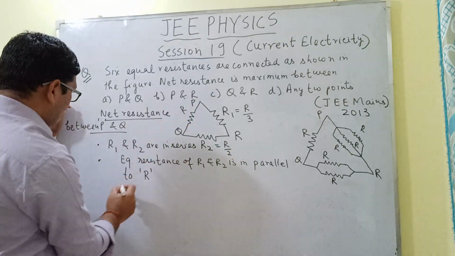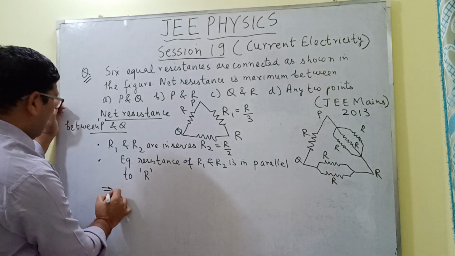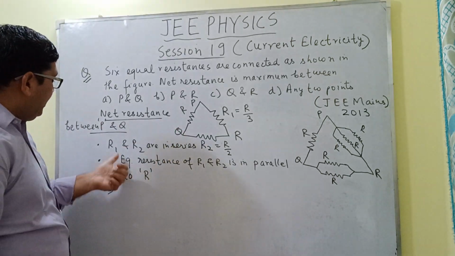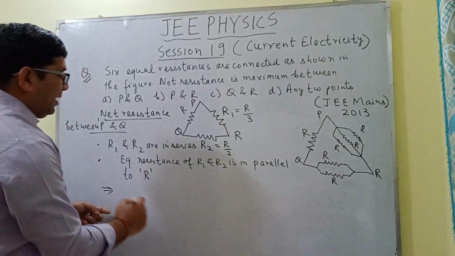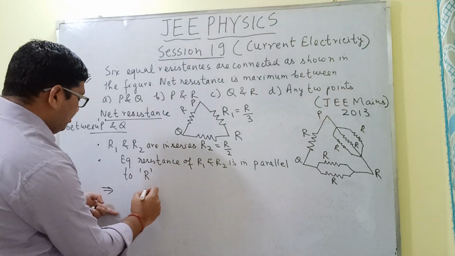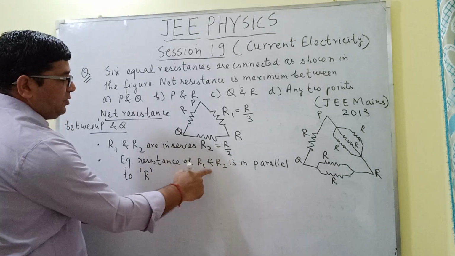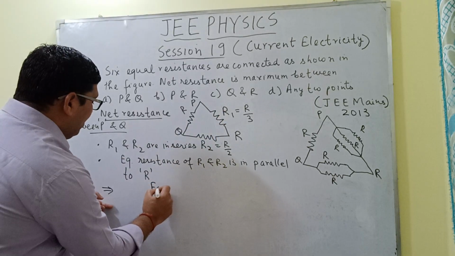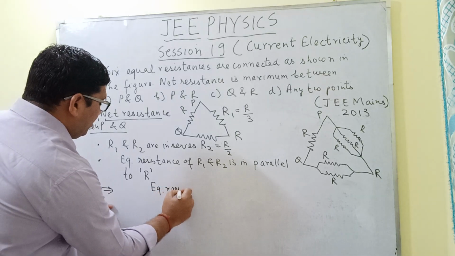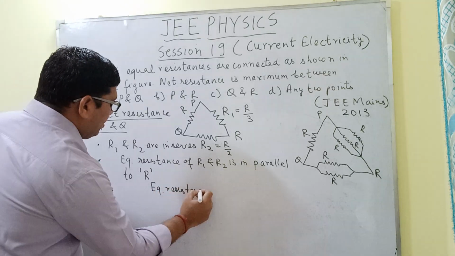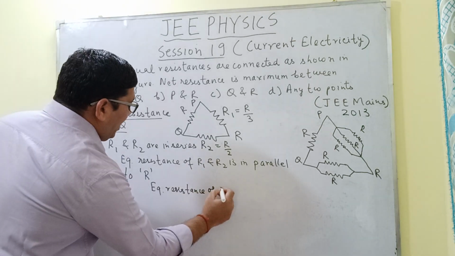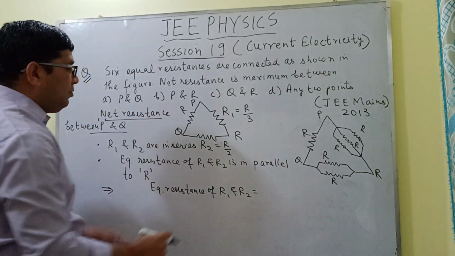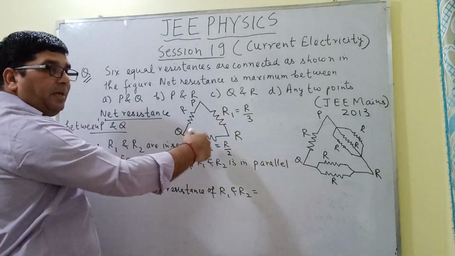So now it implies that the equivalent resistance of R1 and R2, because they are connected in series, we will simply be adding up.